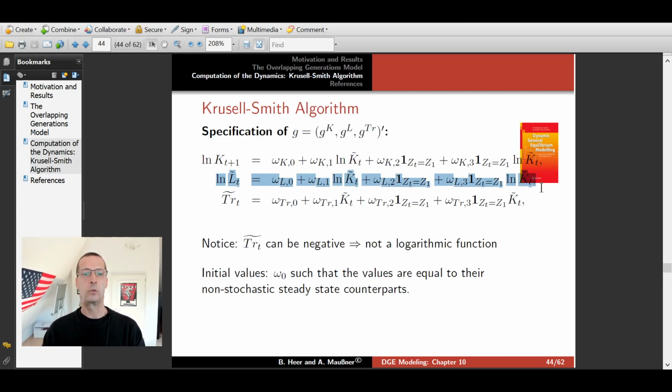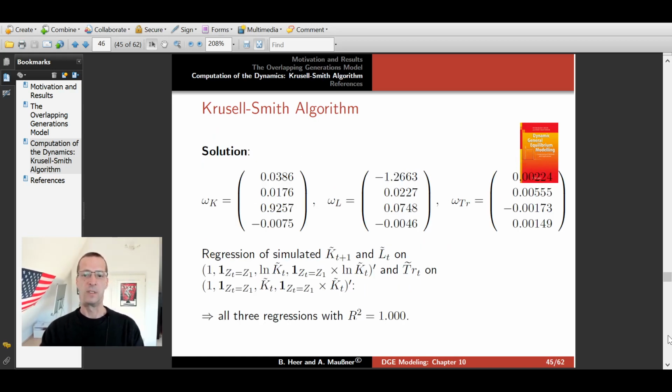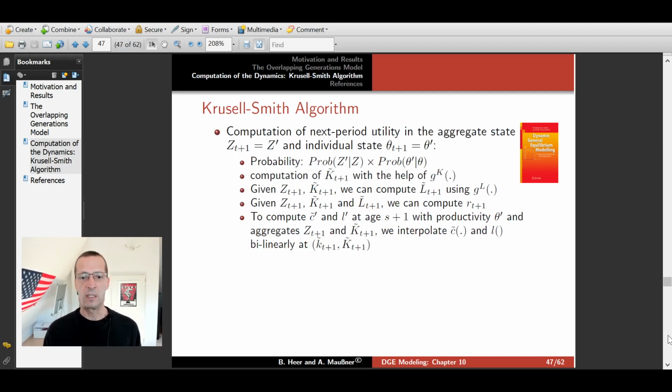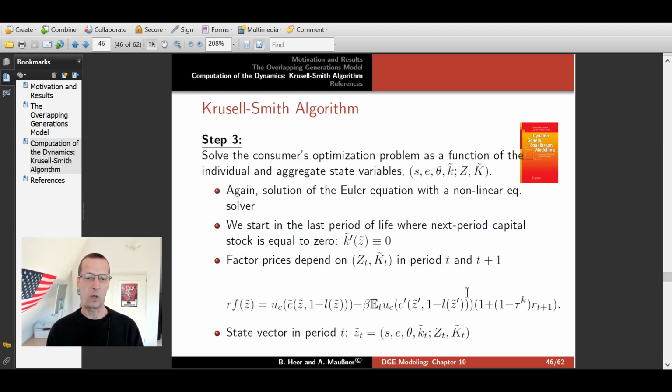All the variables that he needs to compute next period labor, L_{t+1}, are given, so he knows K_{t+1}, which he forecast with the first equation, and the transition probability gives us next period Z_{t+1}, our Z' here. Now that we have Z_{t+1}, K_{t+1}, and L_{t+1}, we can compute the real interest rate r_{t+1} from the first order condition of the firm, also w_{t+1}, and then we can also compute pensions with the help of the replacement rate. And all these factor prices and pensions are used by the household to compute this residual function, his Euler equation, and we search for the root for the value of k', which sets the residual function equal to 0.